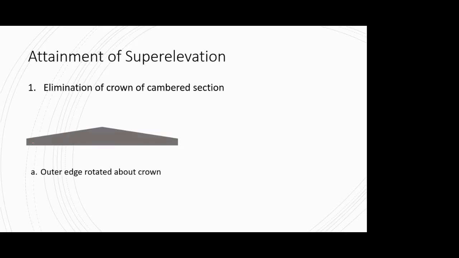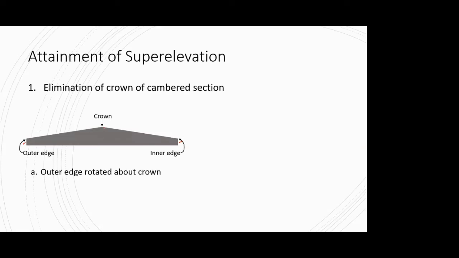So here we have a pavement which has a camber that you provide. We have seen what a camber is. These are the edges: this is the outer edge of your pavement, this is the inner edge, and this is the crown.